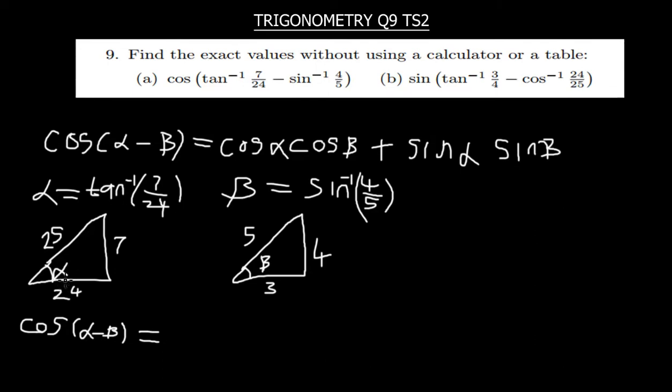Cos alpha is adjacent over hypotenuse, SOHCAHTOA. So for cos alpha, I'll go where there is my adjacent. Adjacent is 24, over my hypotenuse, 25. Then I'll put them in brackets like that.